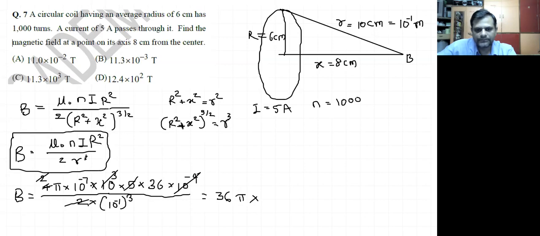Into 10⁻⁴ will be left as it is, 10⁻⁴, okay.